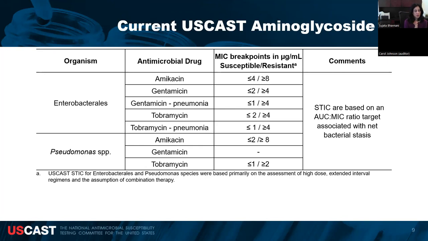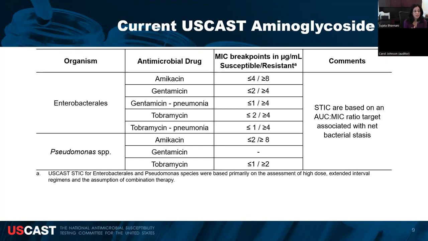For amikacin, it was 4 and 8 for the susceptible and resistant breakpoints, 2 and 4 for gent. Because we had lung models for Enterobacterales and gent and tobra, we saw an opportunity to have a pneumonia breakpoint. Those breakpoints were lower based on stasis, so 1 and 4 with an intermediate category.